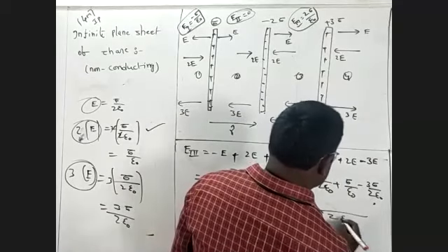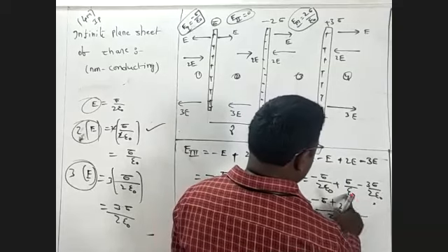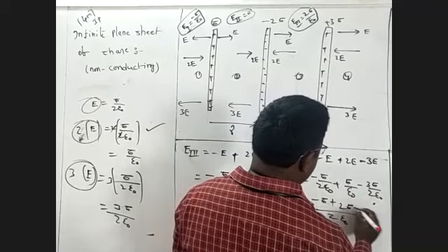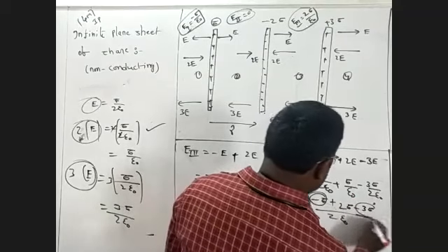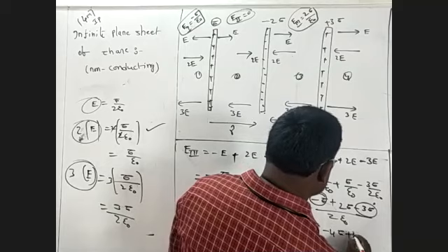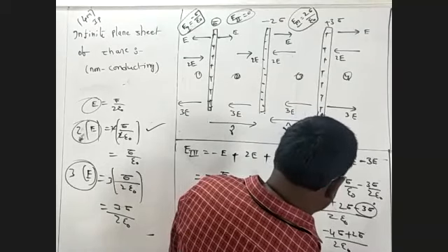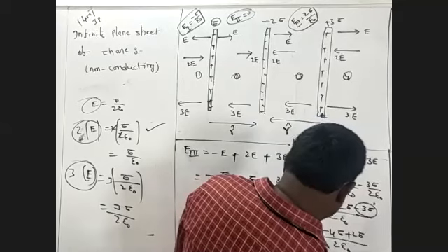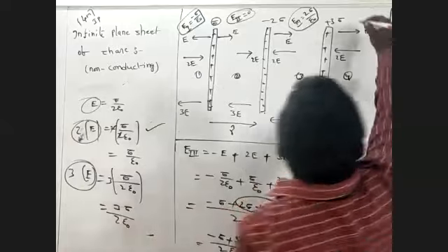Take the LCM 2 epsilon naught: minus sigma plus 2 sigma minus 3 sigma, so the value is minus 2 sigma by 2 epsilon naught. The 2 cancels, giving minus sigma by epsilon naught. That is your answer.